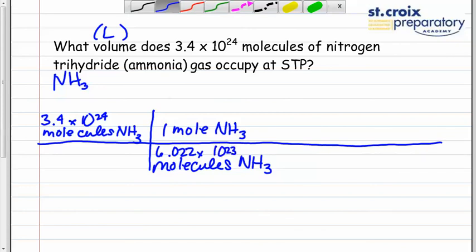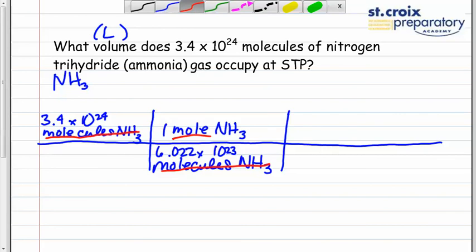In this case our particles are molecules. So now I've got that conversion factor all set, and let's take a look at what happens to our units. Since we have molecules of NH3 on the top and molecules of NH3 on the bottom, those two are going to cancel out nicely. And if I were to stop right now, I'd be in moles of NH3.